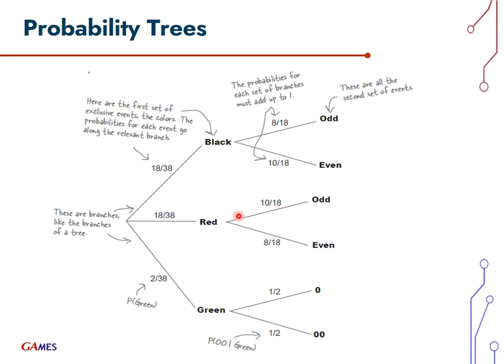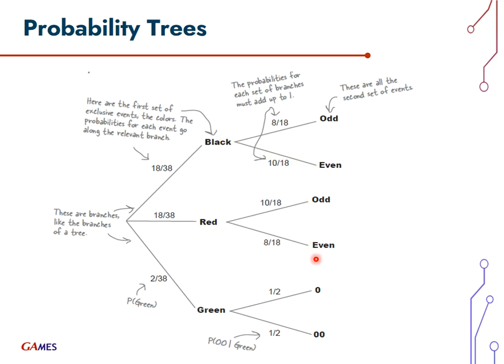Well, let's say we're not looking at red or even. So assuming the ball eventually spun into a red pocket that was even, we'll look at the probability of getting a red or even compared to the probability of getting a black or even. This is definitely going to be less.